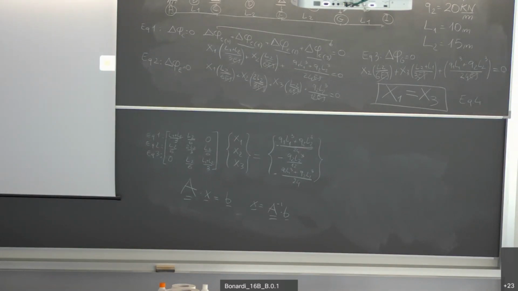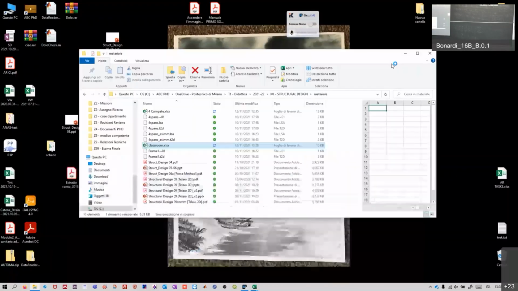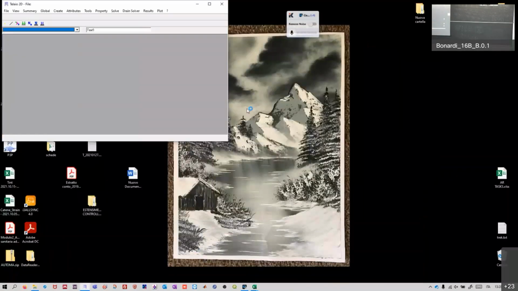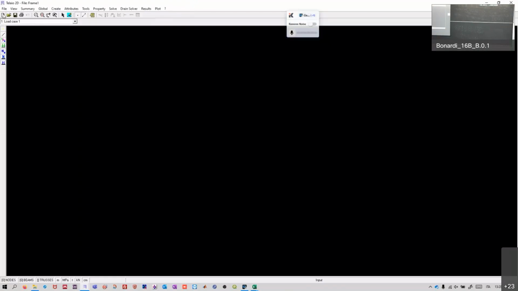Whenever you want. Okay. So we have this Try2D window. We create a new one.